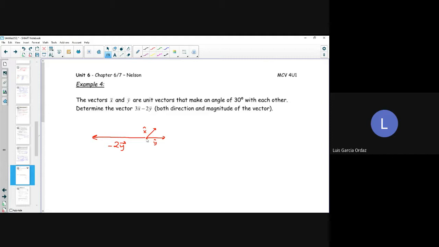And then I have 3x, which is going up here. So this is 3 times vector x. And now I need to find the resultant. I need to determine the vector, which is the resultant of 3x minus 2y, which is this resultant vector over here.